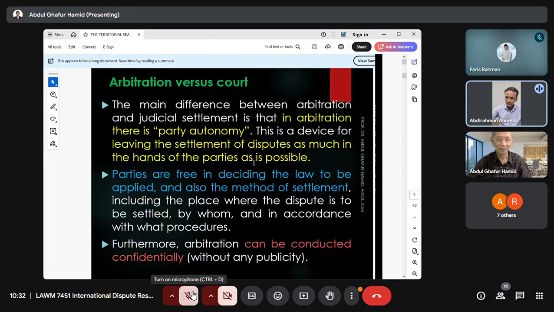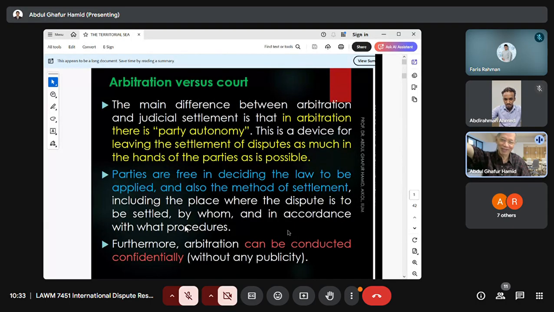In arbitration, the consent of the parties is required, right? What about the court? Is the consent of both parties required? No, the court is already established. How can you apply consent? Consent is not necessary at all. Okay? Because the Federal Court, do you have any consent?